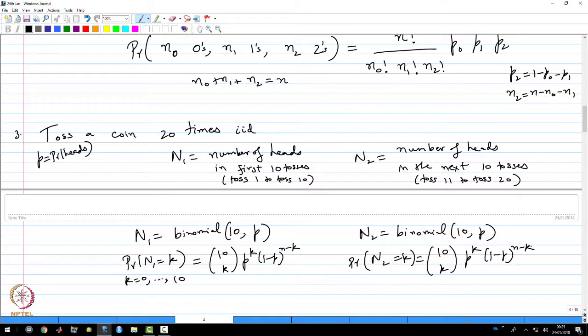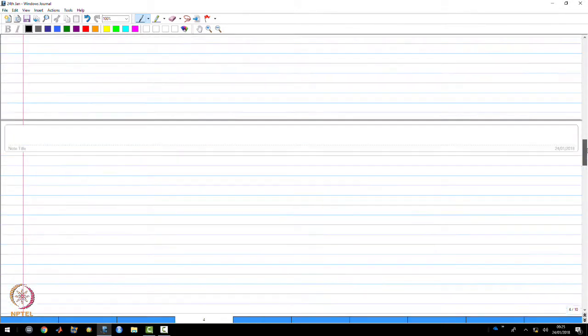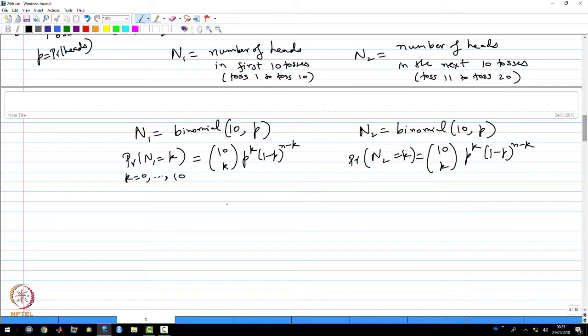But remember, n1 is a function of what happened in the first 10 tosses, and n2 is a function of what happened in the next 10 tosses. These two are not connected in any way, because they're from independent tosses. So n1 is independent of n2. That's the important result here, which we will use.